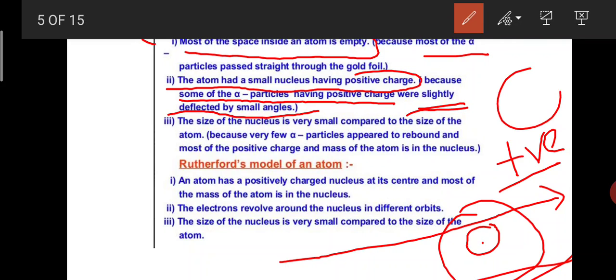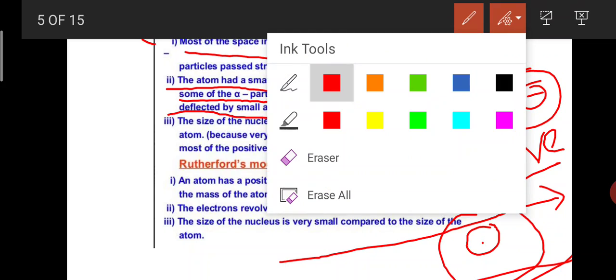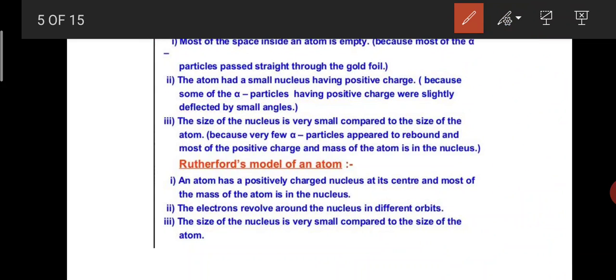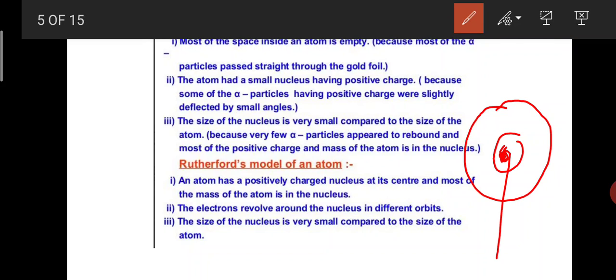If it had a negative charge, what will happen? It attracts the alpha particle, but alpha particles have a positive charge also, and so they are slightly deflected. So what does it mean? That the atom had a small nucleus having a positive charge. It has a positive charge and it is deflected.